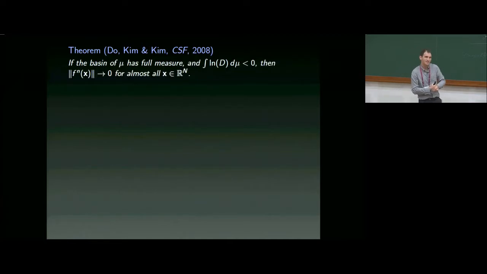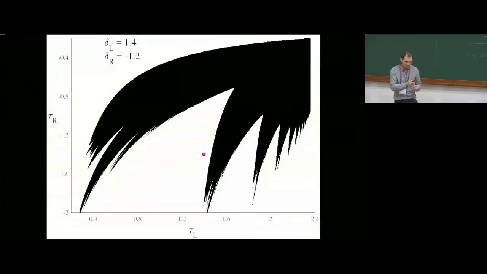Okay, so this is nice, but unfortunately it tells us nothing about the stability of the origin, because it only tells us about almost all points. It doesn't tell us about all points. That might seem a bit nitpicky, but it's important. So let's instead choose parameter values here.